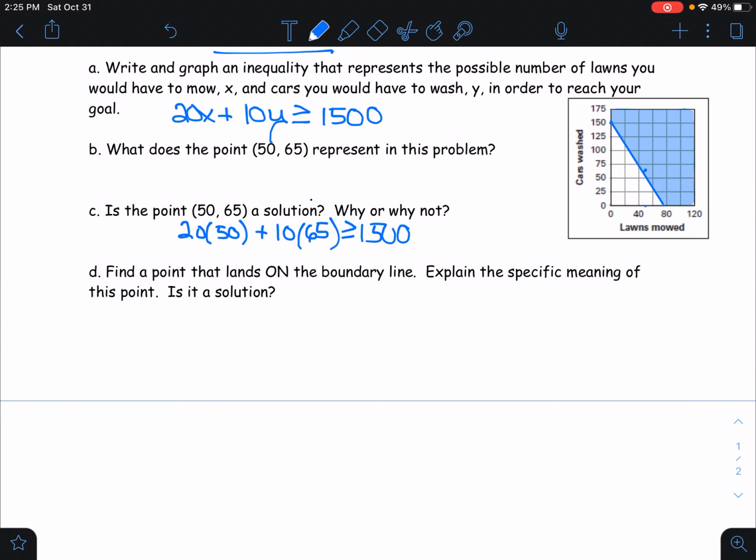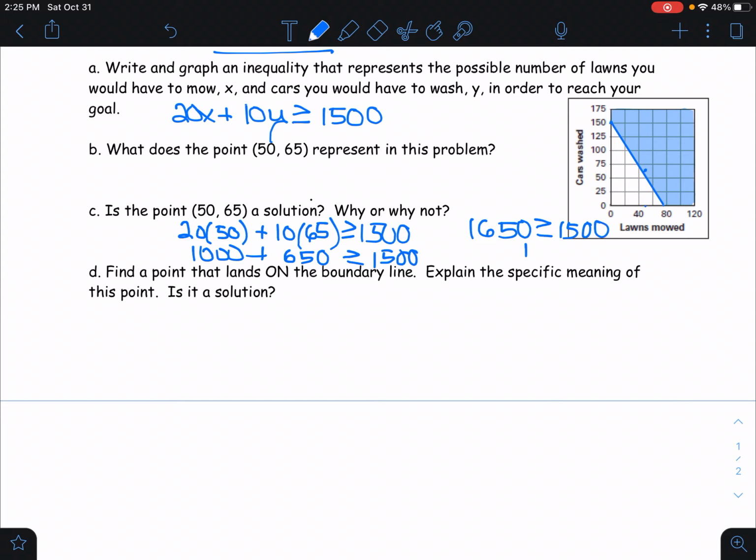So 20 times 50 is 1,000. 10 times 65 is 650. Okay, so we would get 1650 is greater than or equal to 1500.